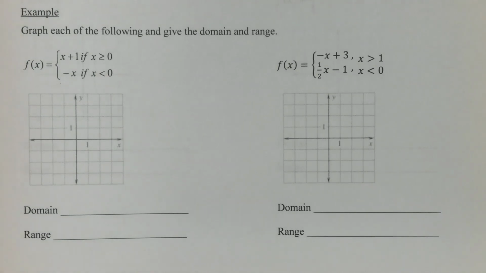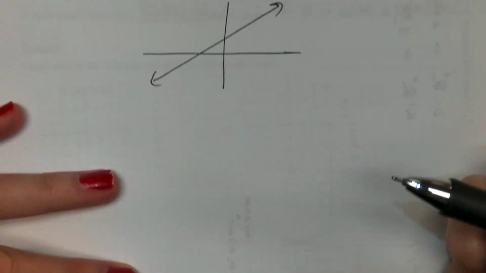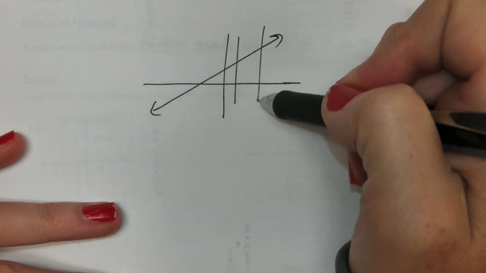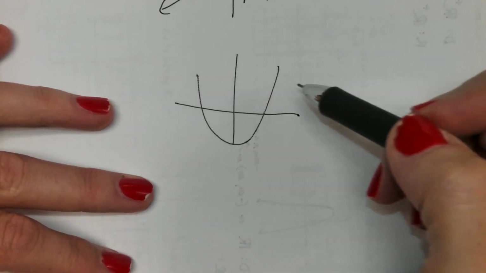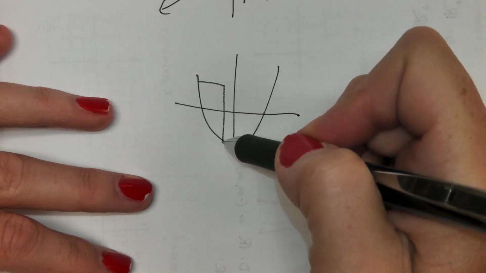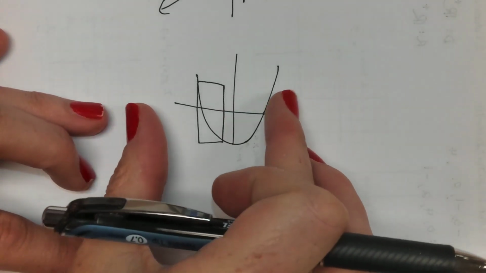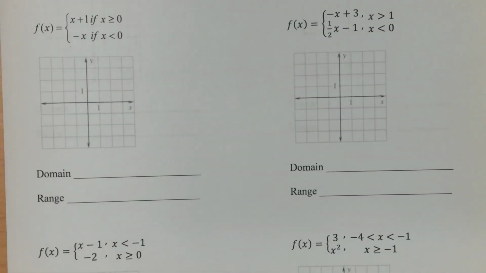So imagine we were graphing a line, and piecewise just says you might only look at this part of the line, just that part right there. Or maybe if you were graphing a parabola, you're only going to look at this portion right here. So your piecewise function is just going to take your whole function, shrink it down, and only look at the parts you want to look at.